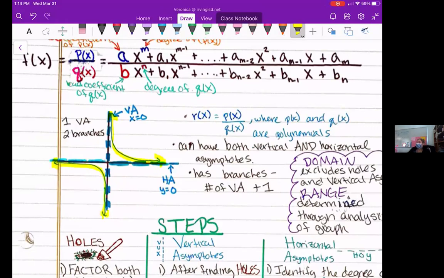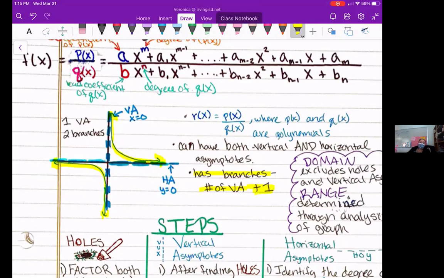That's your second branch. They're called branches, okay? They're separated by a vertical, sometimes a horizontal asymptote, and those are your branches. How do you know how many branches you're going to have? The number of branches is always going to be the number of vertical asymptotes plus 1, okay?